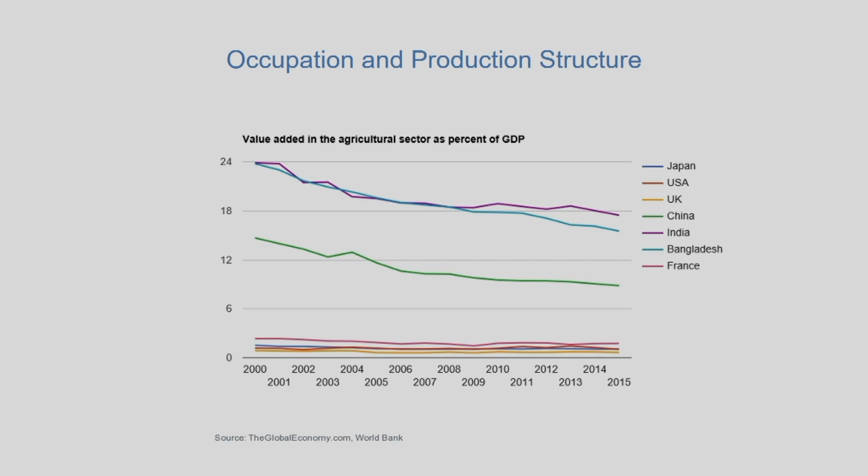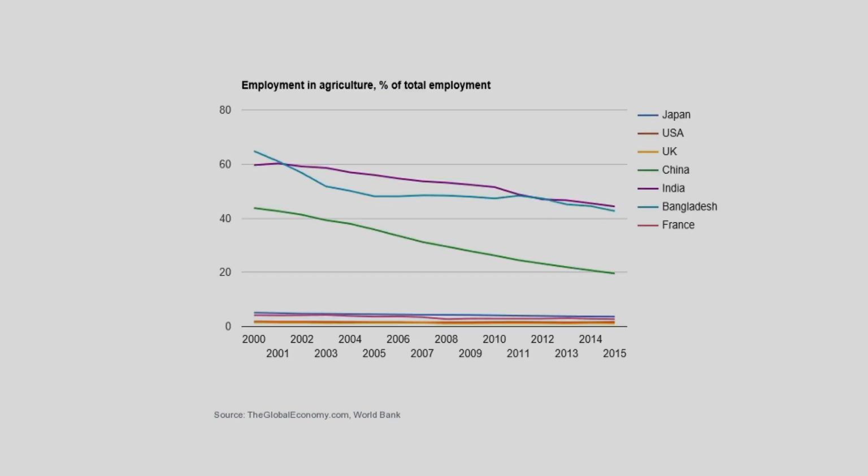However, note here that while the percentage contribution to GDP is close to 20% in 2015, the percentage dependence on employment from agriculture is much higher than its share in output, which also shows that the pressure on agriculture is very high in developing countries.